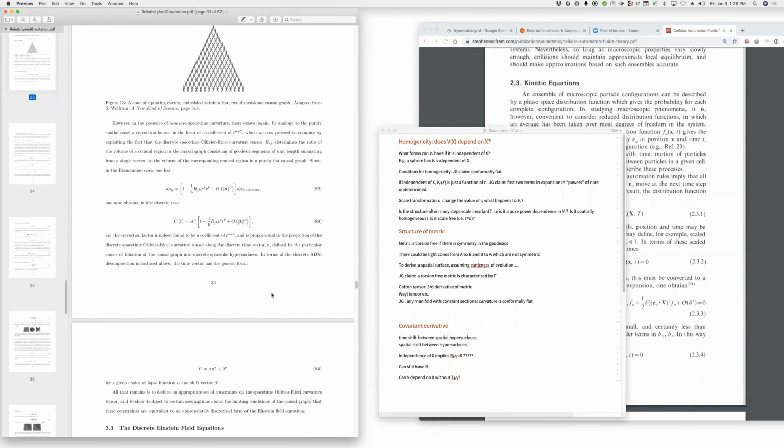So I suppose what that's really saying is that the Einstein equations will be fairly generic between different rule sets.